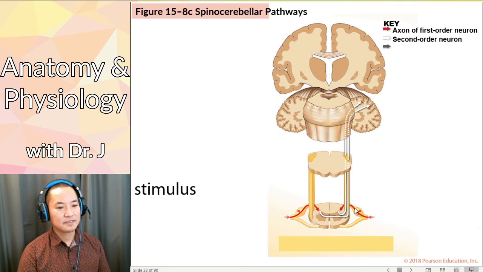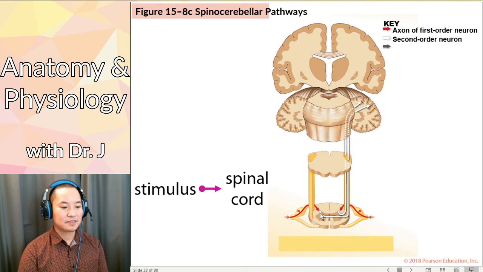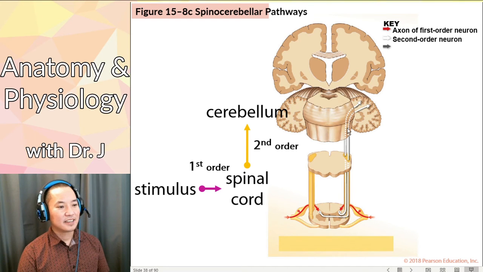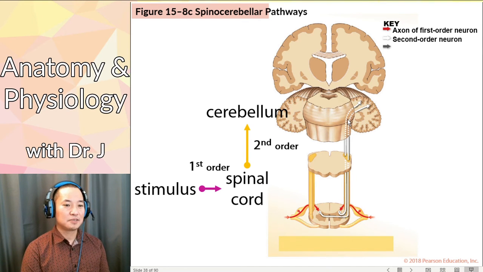And then you have the spinocerebellar pathway. Thankfully, very easy. Again, instead of having a third order neuron, it's pretty much two main neurons. So stimulus, it goes to the spinal cord, as you see here. Then it goes up into the cerebellum. That's it. 1, 2. And that's pretty much what I want you to know in terms of first, second, and third order neurons.